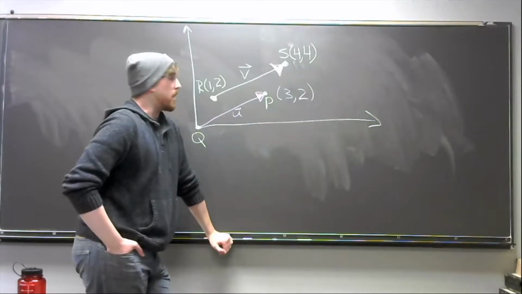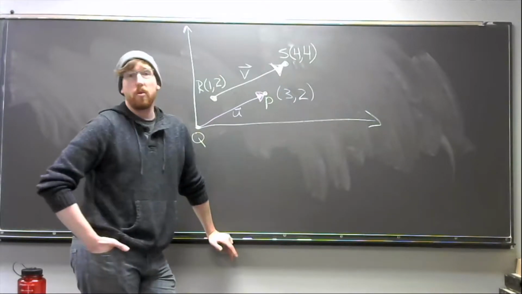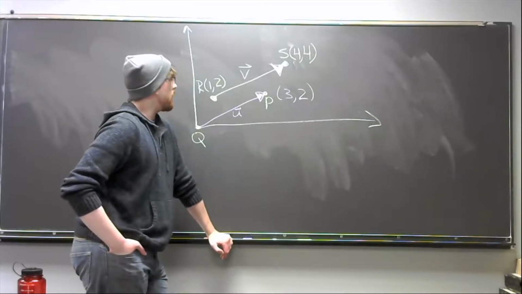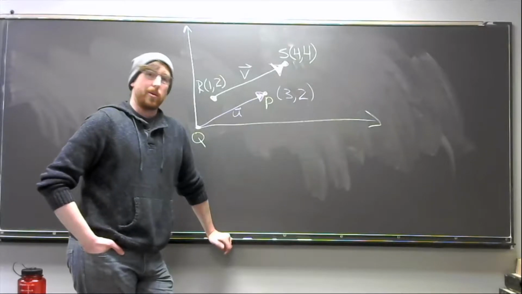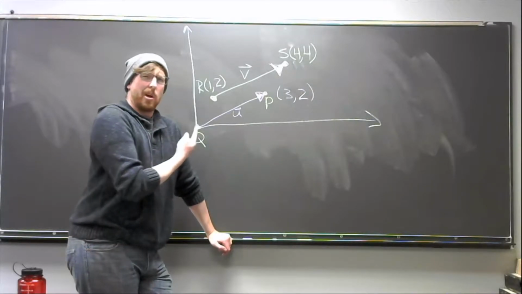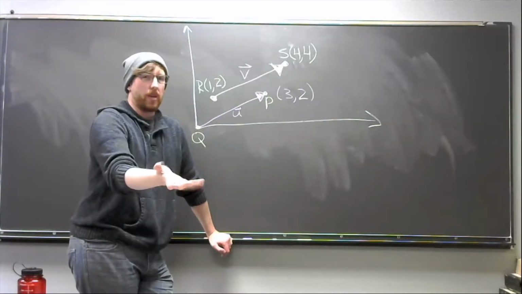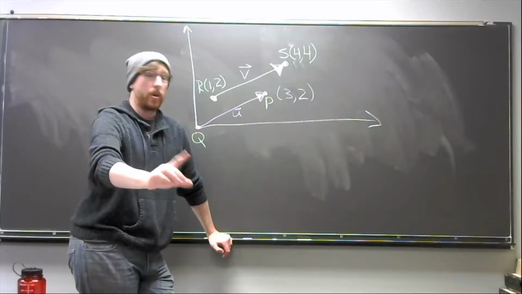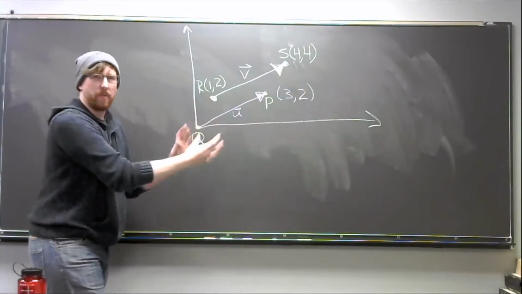Now you might be looking at these saying, okay, so what? What do we do with them? Well, one thing we might want to do with them is talk about whether or not these vectors are equivalent. Well, in this case, you might be looking at it being like, these vectors aren't in the same spot, they're not over top of each other, they're not equivalent. Wrong. That would actually not be the case, because they are equivalent. These are equivalent.